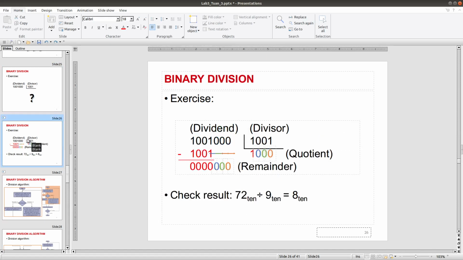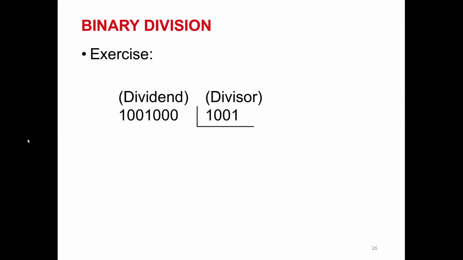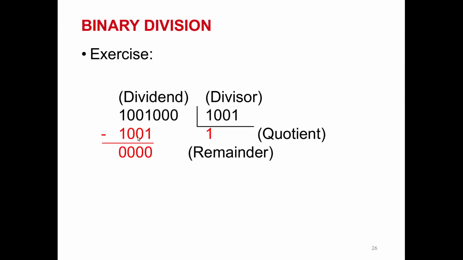Here, for example, we know that at each step the divisor is located from here, and at each step, it needs to shift 1 bit further to the right, and the equation will appear, and the remainder keeps the same location like this.